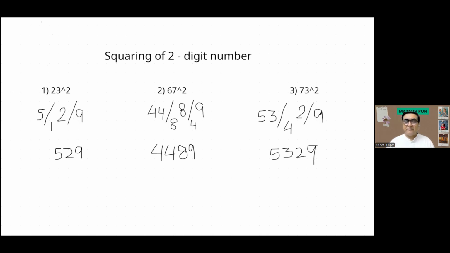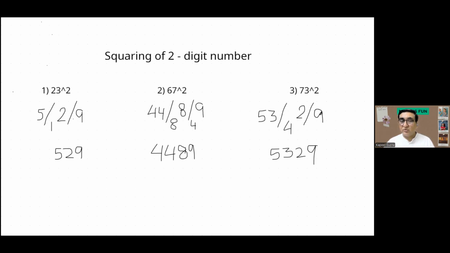So was it that simple? Let me just explain it to you again. First of all, we take the units place number, that is the rightmost number. I'm explaining for 73 because the trick remains the same for all the questions, so I think only one example will suffice. So 3 squared is 9. Then I'll find the duplex of the two digits, that is 7 times 3, 21, and I'll double it.